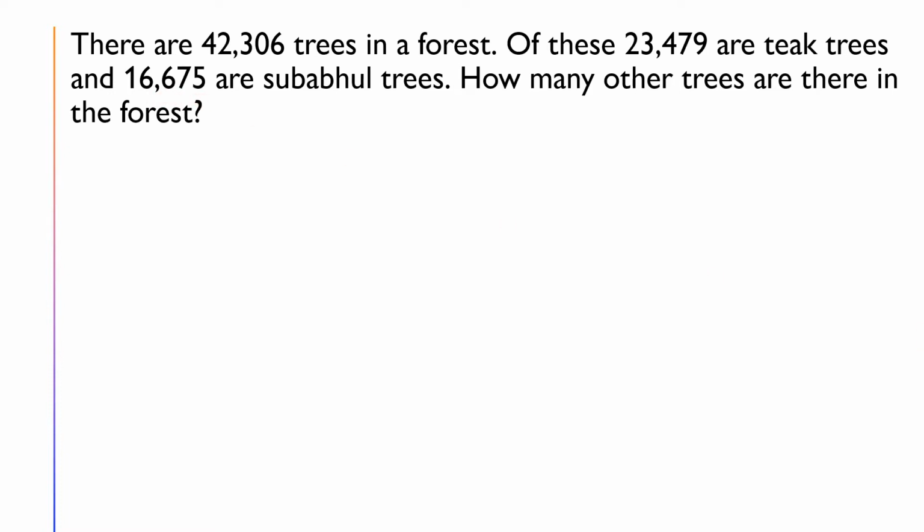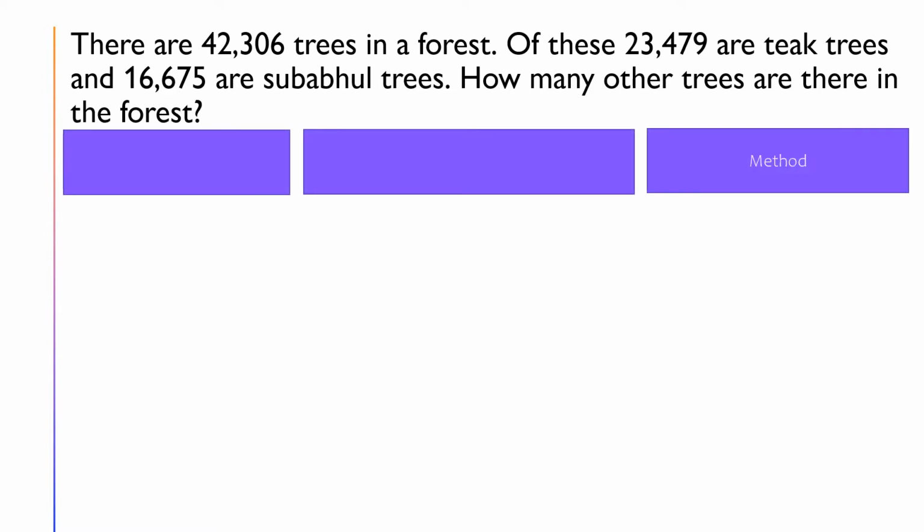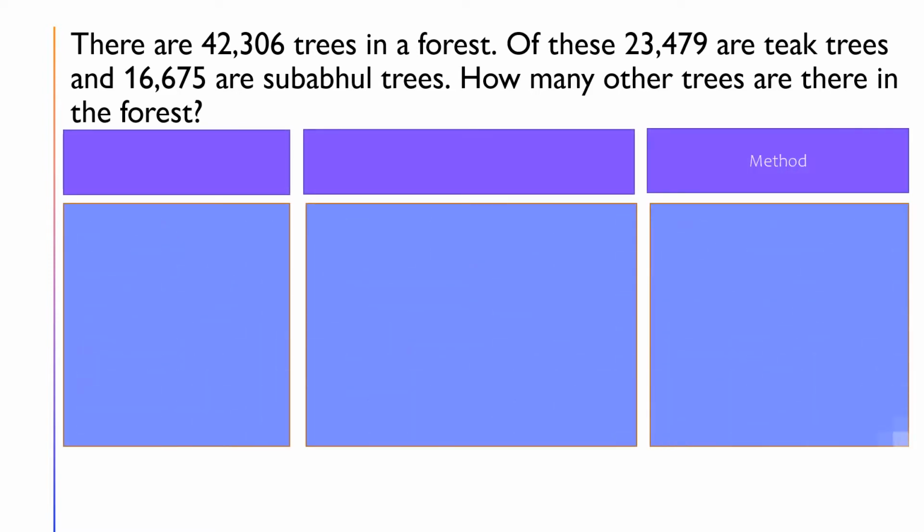For this, we will draw three columns. First, we will write what is asked, what information is given, what will you do first. Now, in the next column, we will write the answer for this, the number of other trees that is asked.